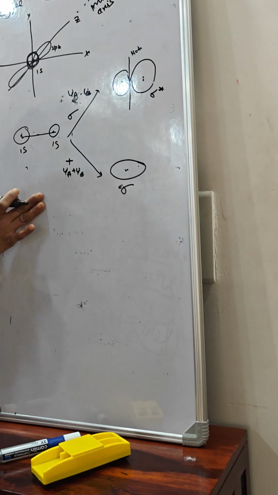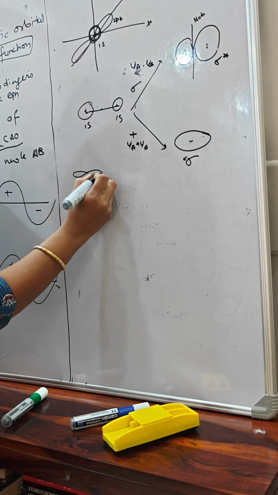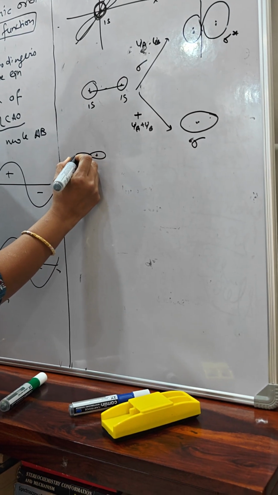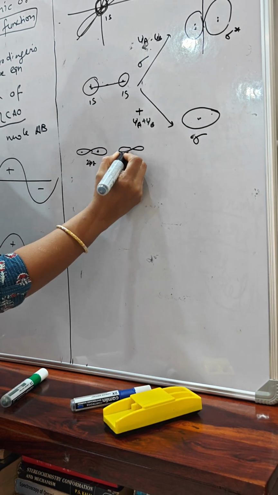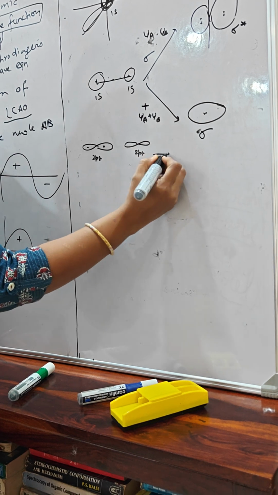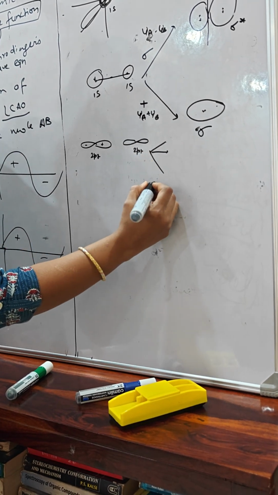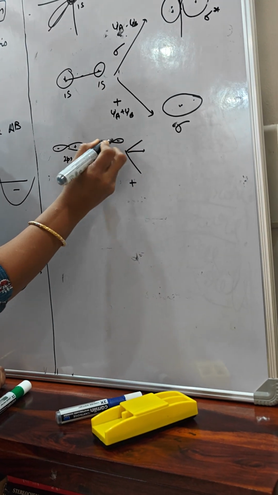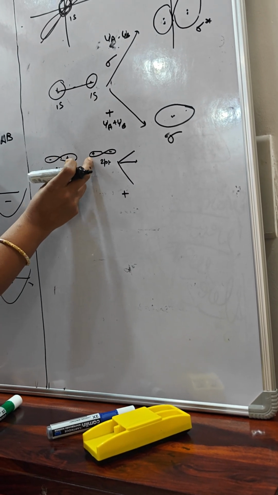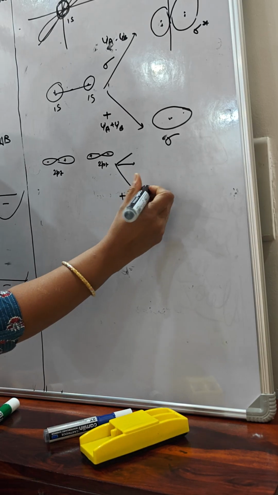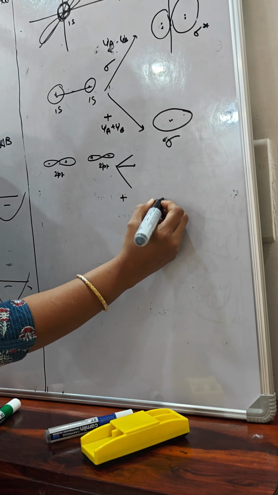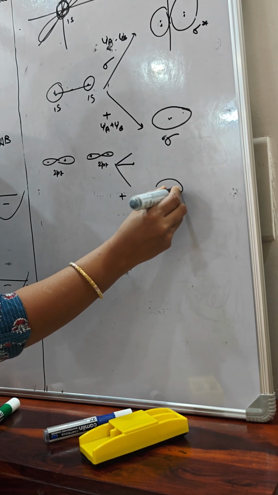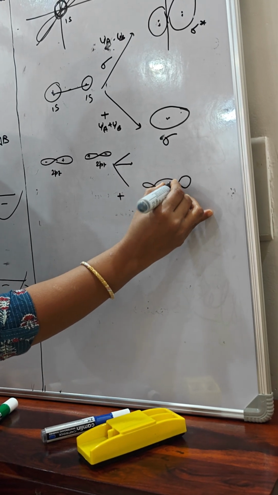And if we see 2pz orbitals, if they combine in constructive interference, in the same symmetry, in phase overlapping, it will form a sigma 2pz orbital, and will be like this.